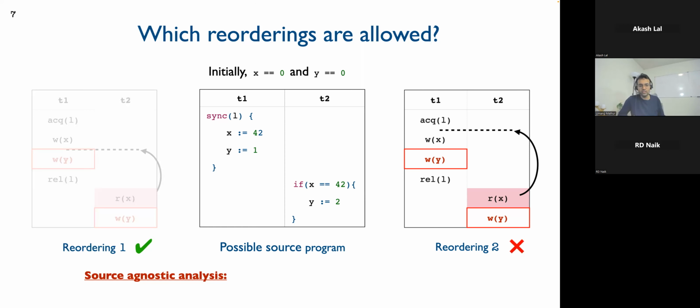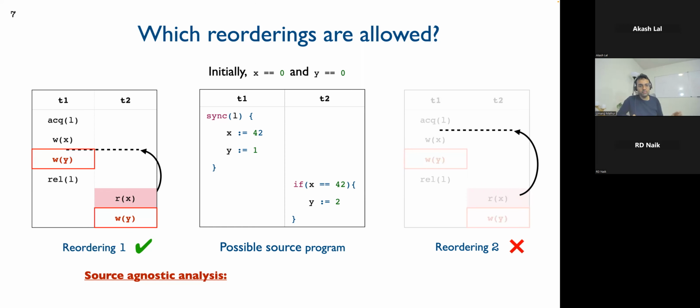So I want to focus on source agnostic analysis. In that setting, some reorderings may not be allowed, because there might be some programs that disallow them. But nevertheless, some reorderings are always allowed, independent of the source program.